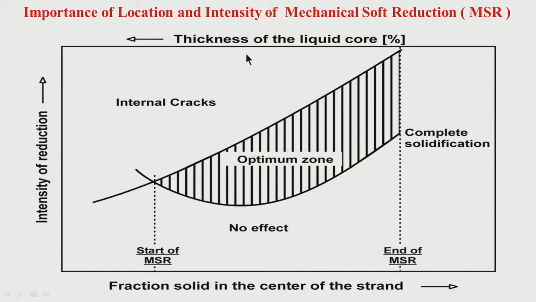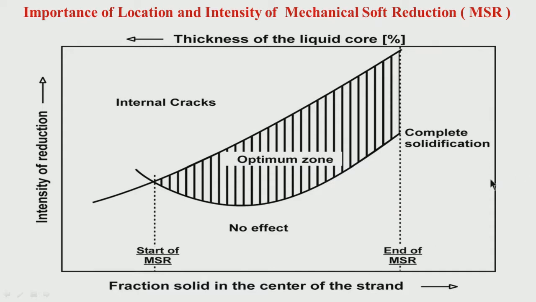Now you see here, you are starting the mechanical soft reduction at a certain location, and you are finishing it at a certain location. Where are you finishing? Where the complete solidification is there. Beyond that you are not putting any soft reduction. The whole idea of giving mechanical soft reduction is to compensate the shrinkage porosity at the final stage of solidification.